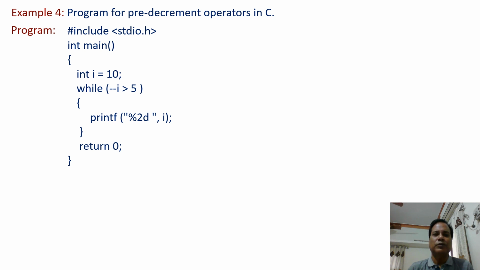In this code, variable I is initialized to the value of 10, and in the while loop the expression is --I. So for --I, first we have to decrement the value of I, which is equal to 10. So when 10 is decremented, its value becomes 9.